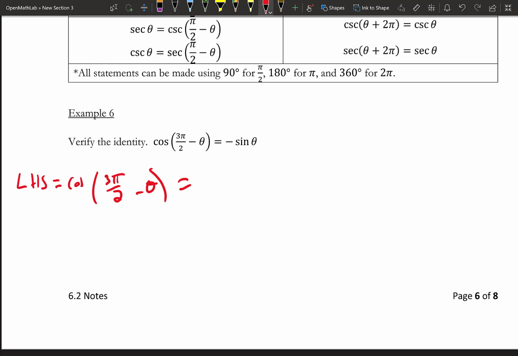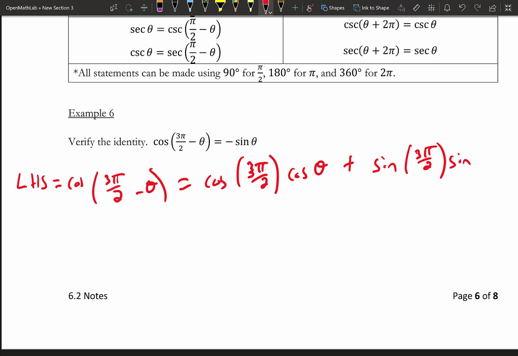This would be equal to cosine of u, which would be 3 pi over 2, times cosine of v, which is theta, plus sine of u, which is 3 pi over 2, times sine of v, which is theta. So I'm able to fill that in using that formula that we've been talking about.